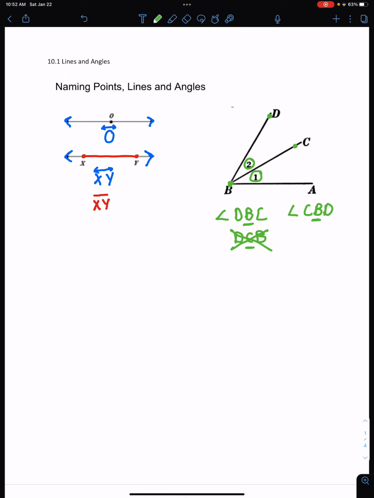Sometimes we label an angle by its number. So we could have angle 1 and we could have angle 2. So that's just another way of labeling angles. So hopefully that helps you to remember some of the things you may have learned from previous math courses about naming points, lines, and angles.